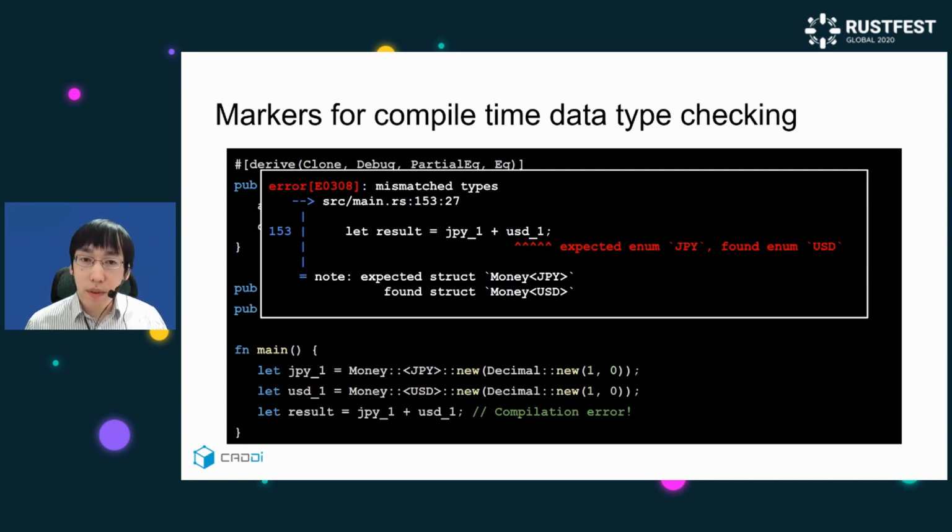This we use not just for monetary types, but also for physical types, such as meters, length versus volume versus area. It doesn't make sense to add volume to a length, for example. And using these kinds of phantom data types has helped us extensively and optimize our development process.